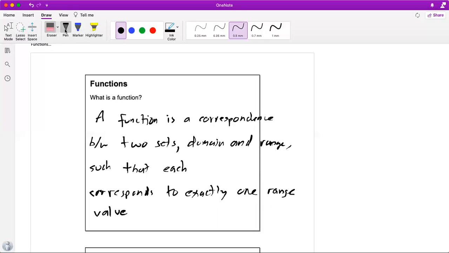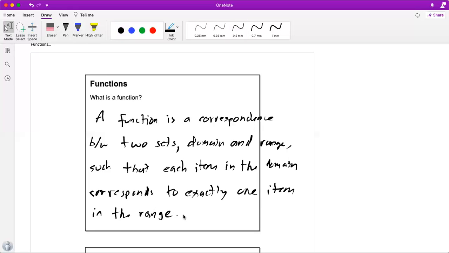Each item in the domain. When I say value, I feel like you guys are going to assume that means that it has to be numbers, but it doesn't. The things in the domain and range can be anything that we want them to be. So I'm just going to say item. And they're normally going to be numbers, but I don't want you guys to get too tied up in that. We're going to talk about some today that aren't numbers.